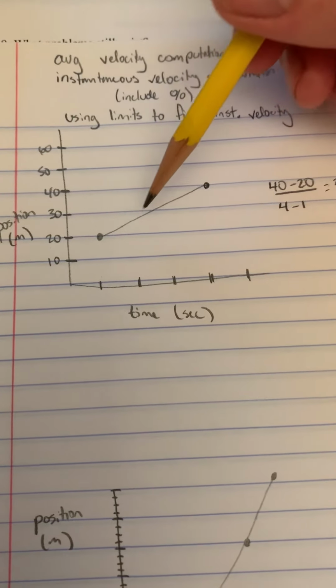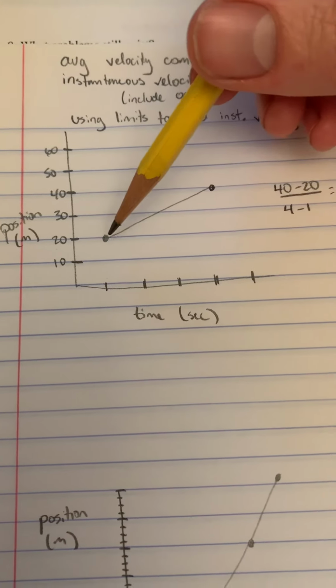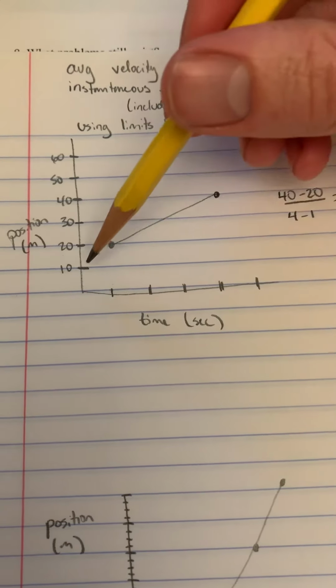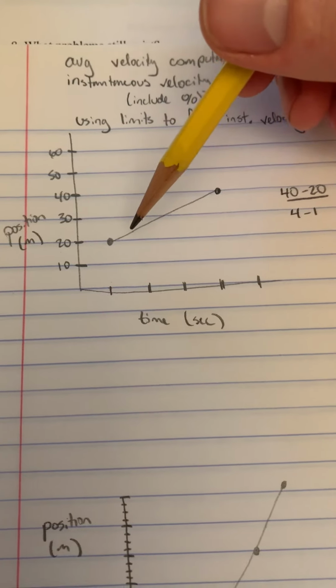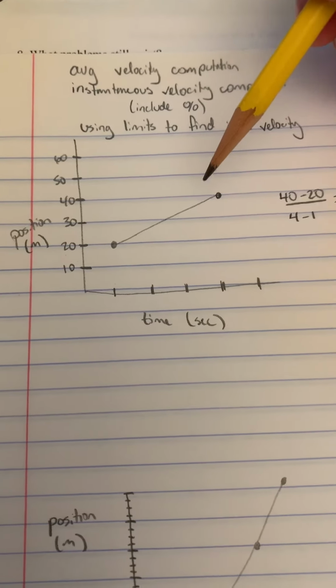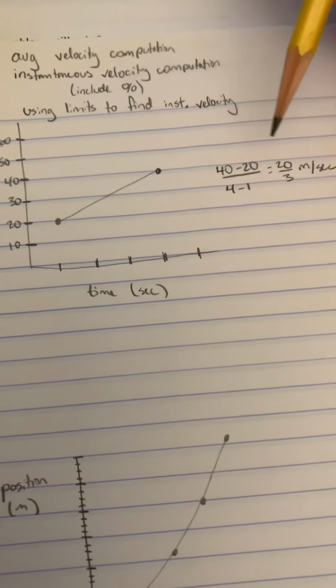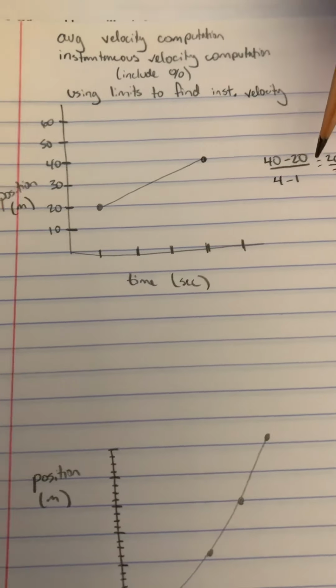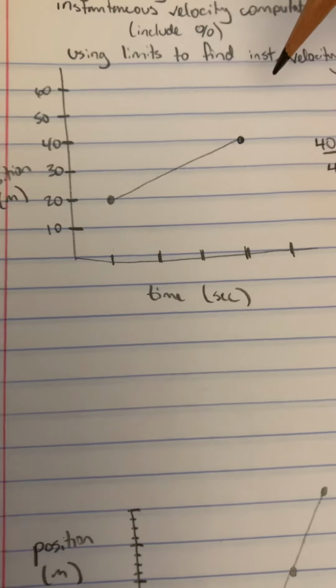But in this case, because I've drawn a straight line, we could say that at any given point within this space, the instantaneous rate of change is 20 over 3. But instantaneous rate of change is a little bit more complicated than average rate of change.